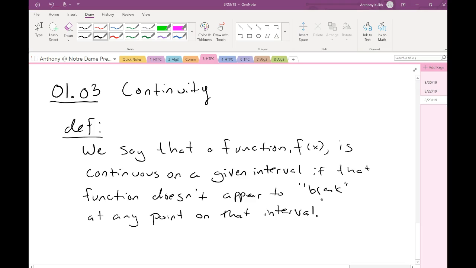So basically, any part of the graph you can draw without having to pick up your pencil, that part of the graph is continuous.